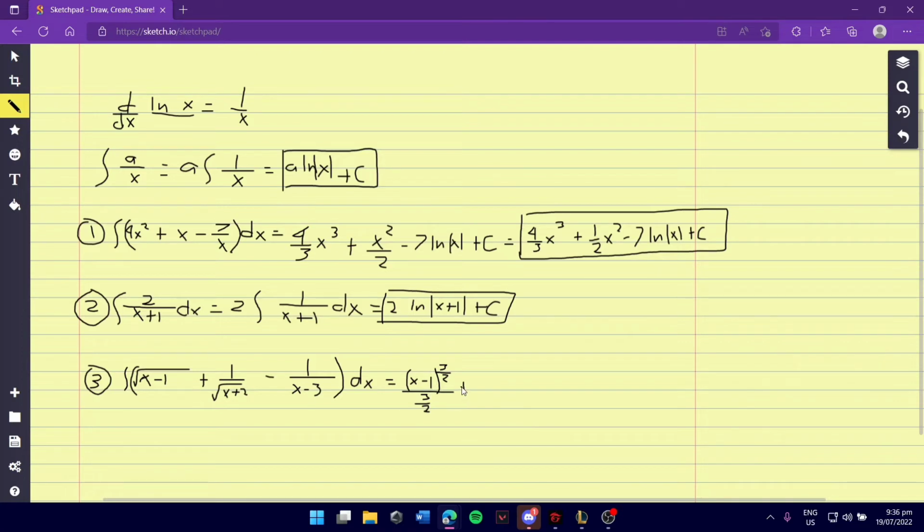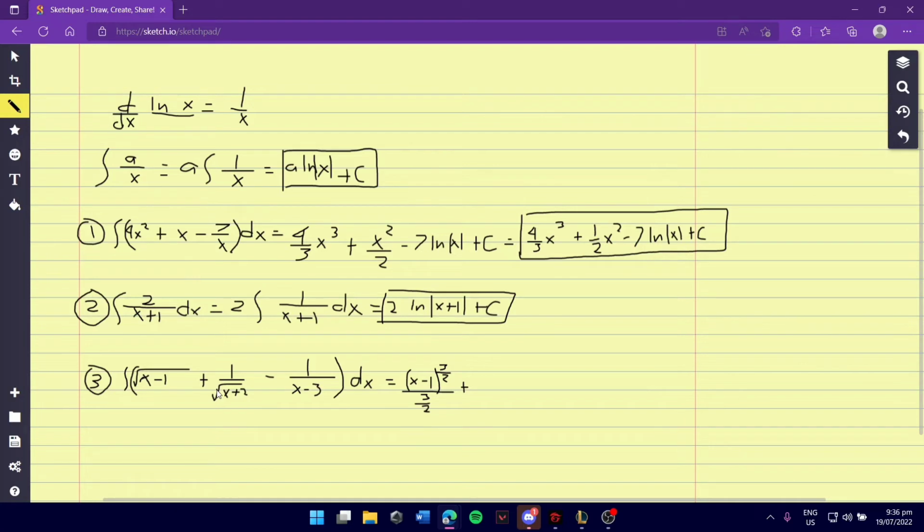Since it has a square root and it is in the denominator, we'll put it in the numerator. But before doing that, we will simplify this.